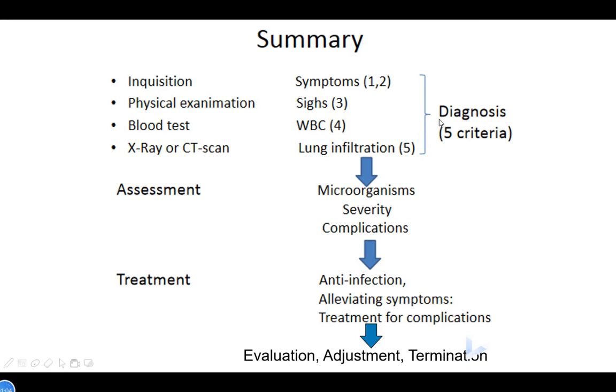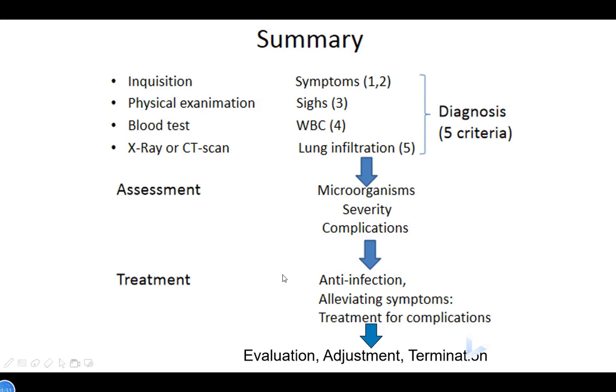According to the diagnostic criteria, we can confirm the diagnosis of the pneumonia. And next, we need to do an assessment of the microorganisms, severity and comorbidities of the pneumonia to complete our diagnosis.